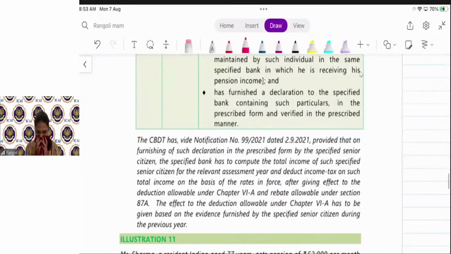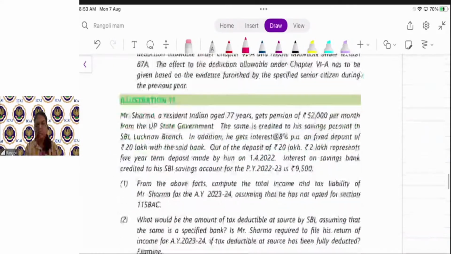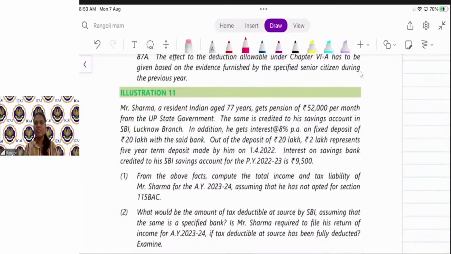Mr. Sharma, a resident, aged 77 years, gets a pension of 52,000 per month from the UP state government. Pension is taxable under the head salary. The same is credited to his saving account in SBI Lucknow branch. In addition, he gets interest at 8% per annum on fixed deposit of 20 lakh with the same bank.